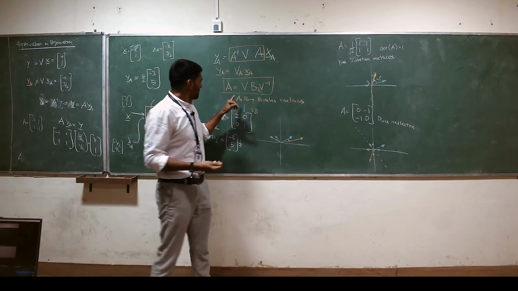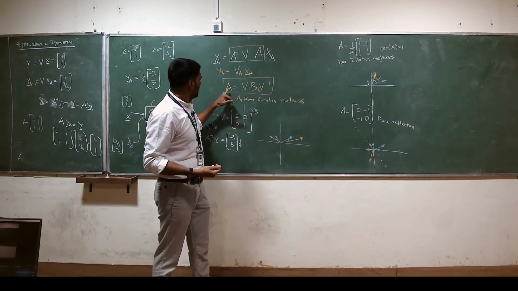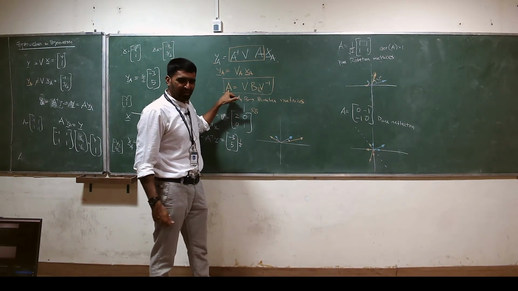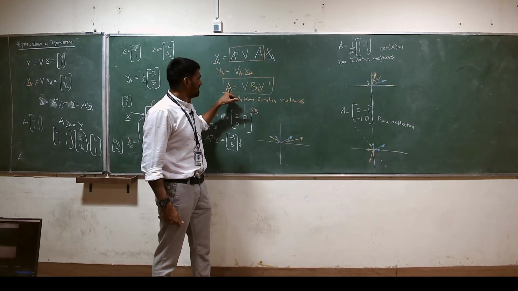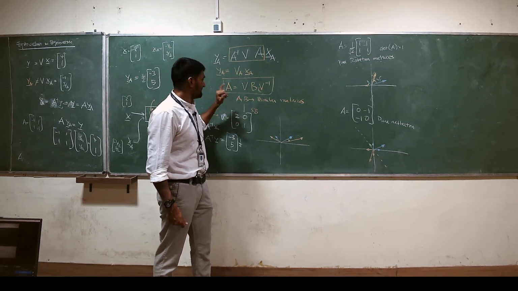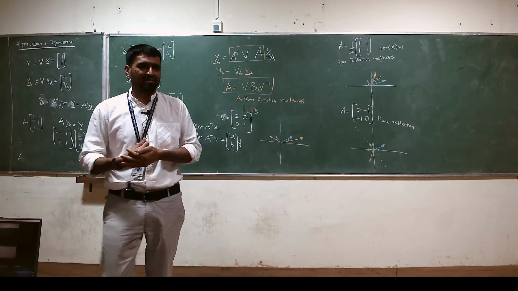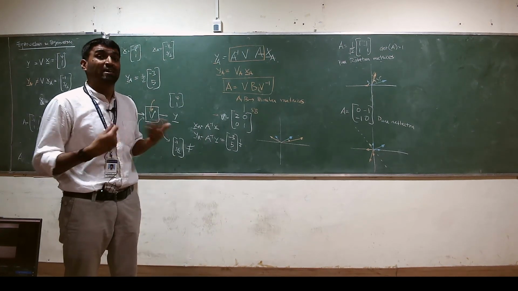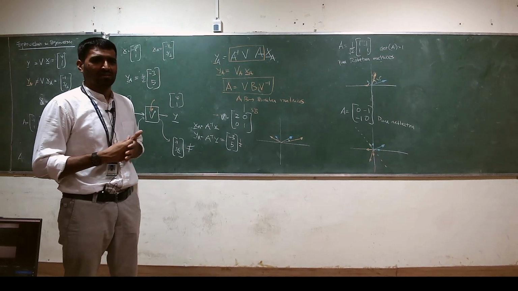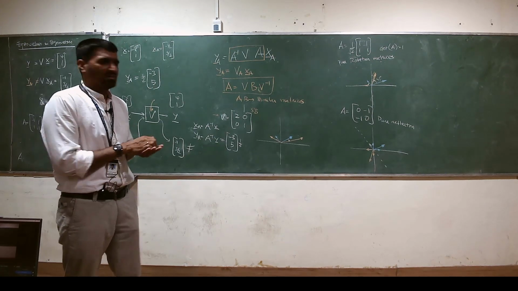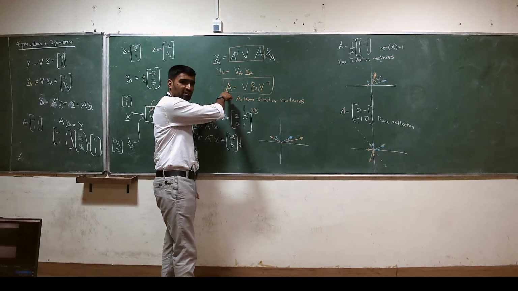it's just they are represented in two different bases. If A represents some geometric operation in the standard basis, what does B represent? A represents a geometric operation in the standard basis.